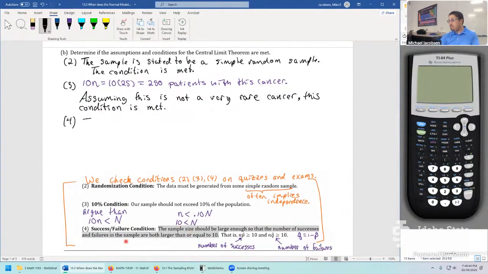We can write out: there are only 8 successes, which is less than, we know 8 is less than 10, but saying this is just a reminder, it's less than the 10 successes needed.